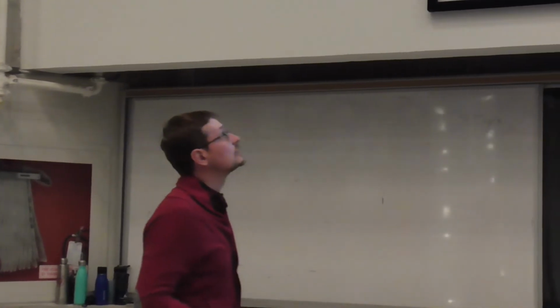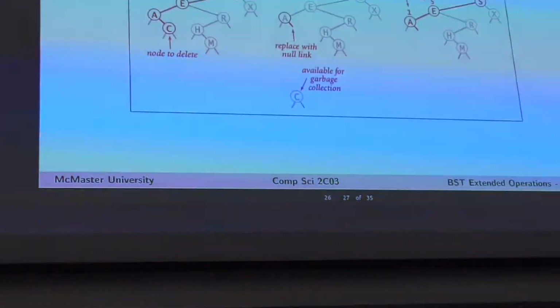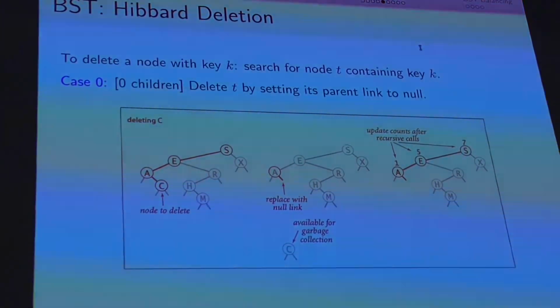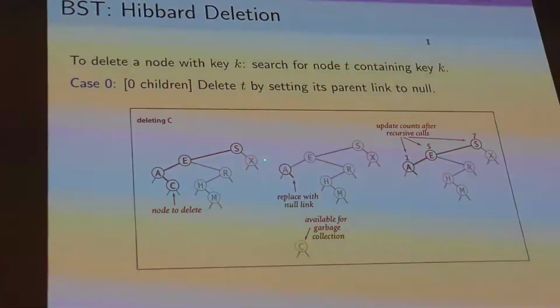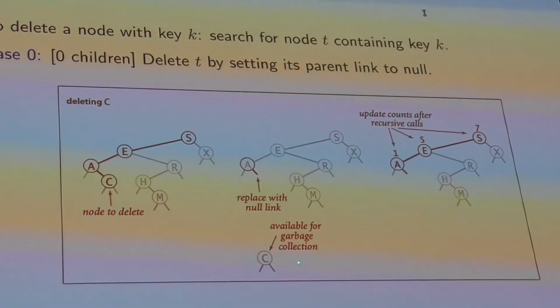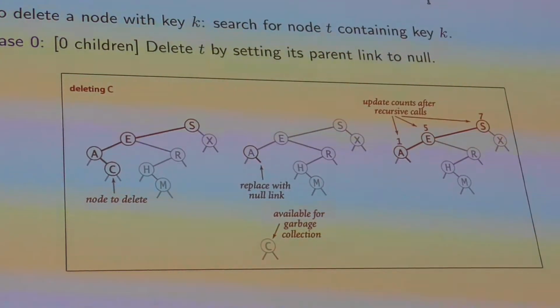Cool. So the alternative to this is actual tree manipulation. We have a procedure known as Hibbard deletion. To delete a node with key k, we search for a node t which contains it, and delete t by setting its parent link to null. So to delete C here, we replace this link with a null link, and this becomes available for garbage collection. We then update counts after the recursive call.